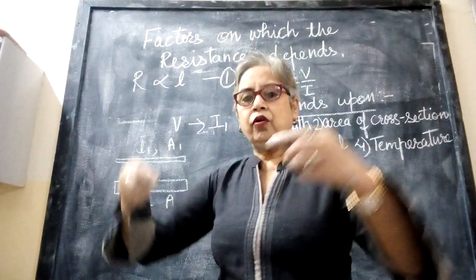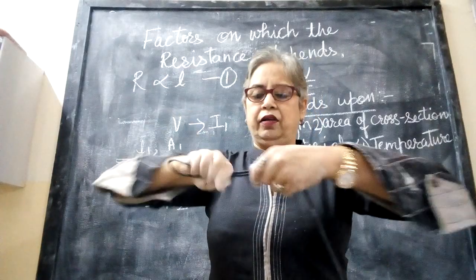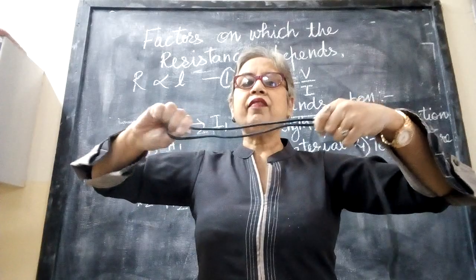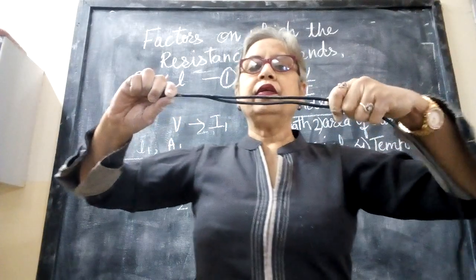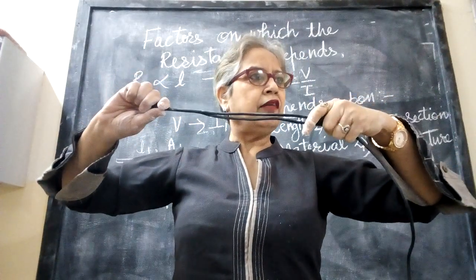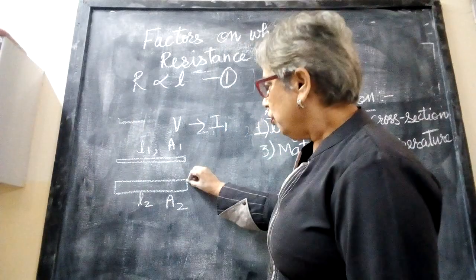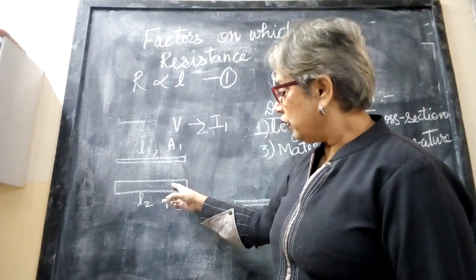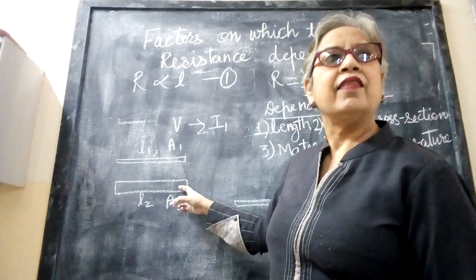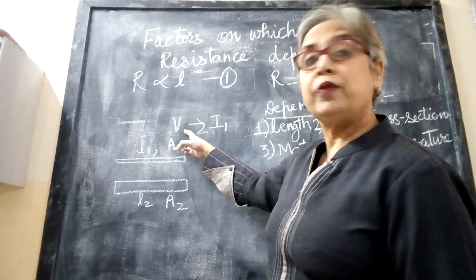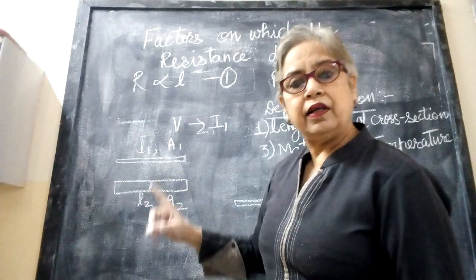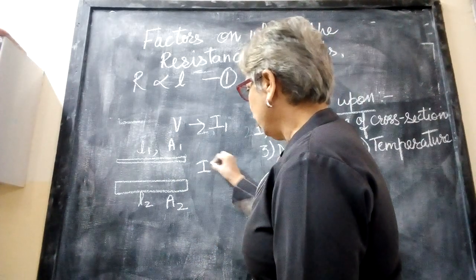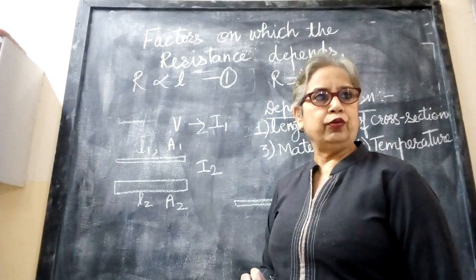Okay. Now I double the wire. Now I have increased the area of cross section, right, by folding the wire on its length. So the length is now same, but the cross sectional area has increased. I keep the voltage same, material same, temperature same, and I note down I2.